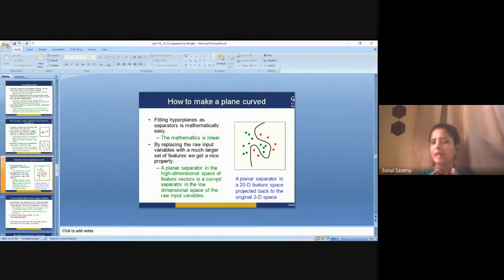What is that? A planar separator in the high dimensional space of the feature vectors is a curved separator in the low dimensional space of the raw input variables. So in the diagram here, you can see a planar separator in a 20D feature space projected back to the original 2D space. Here you can see the curve.